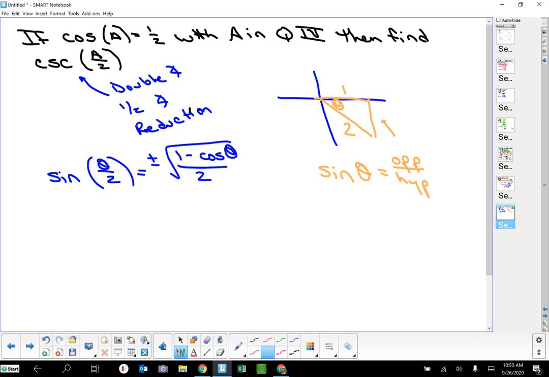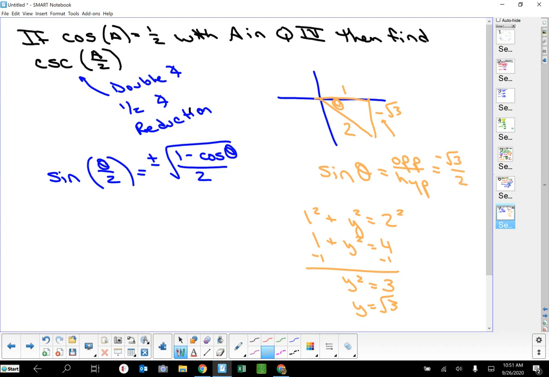So let's find out what that is so we can fill in what the sine is. We have 1 squared plus y squared equals 2 squared. So that's 1 plus y squared equals 4. Subtract a 1, subtract a 1. y squared equals 3, so y equals the root of 3. And remember that this is going to be negative here. Okay, so sine is going to be negative root 3 over 2.